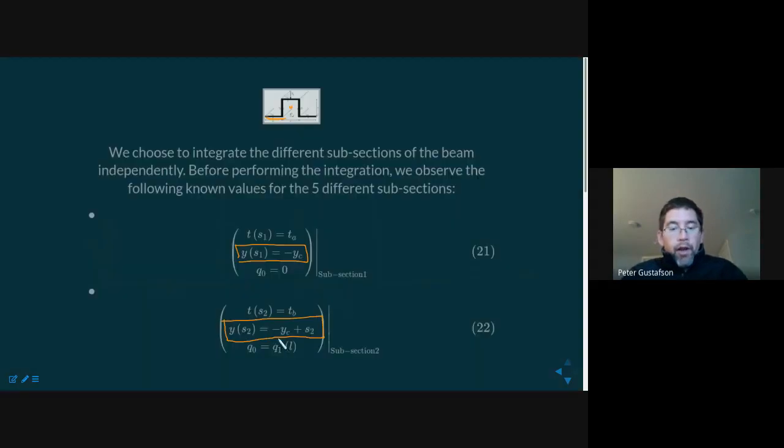So if we look at this equation, down minus yc plus any positive S2 gives us y. This is measured relative to the centroidal location. So y is a function of S2: minus yc plus S2.